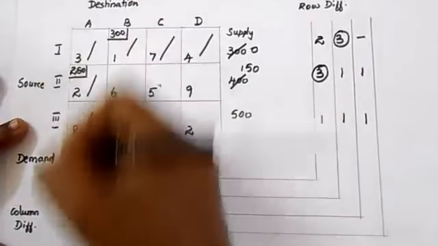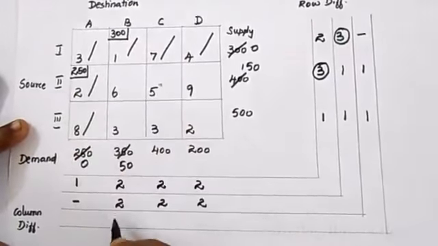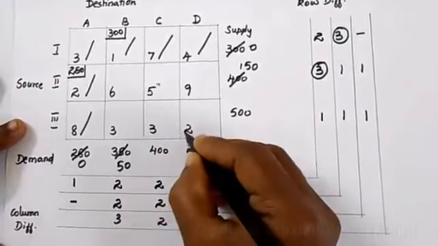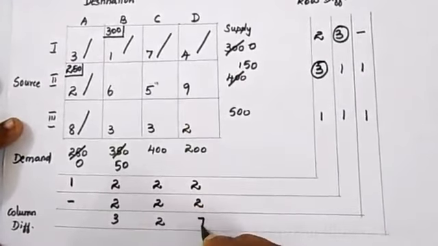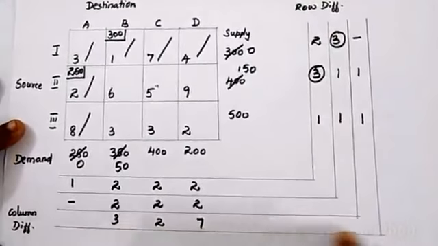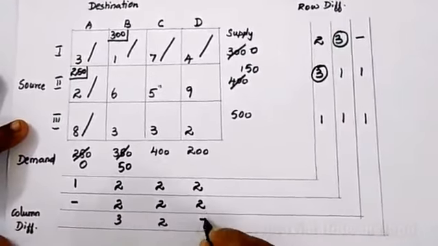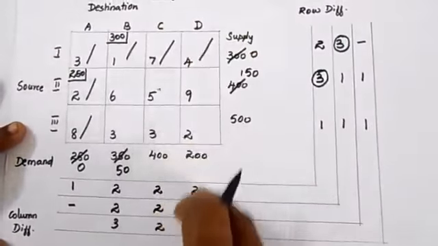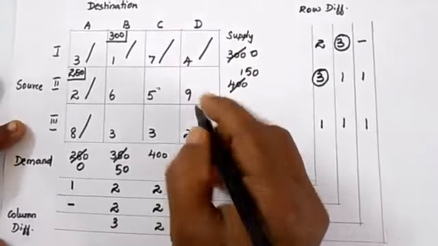In the column, 3, 6, difference 3. 3, 5, difference 2. 2, 9, difference 7. Among these penalties, which one is the highest value? 7 is the maximum value. Just select this one. This occurs in the last column, that is the fourth column.